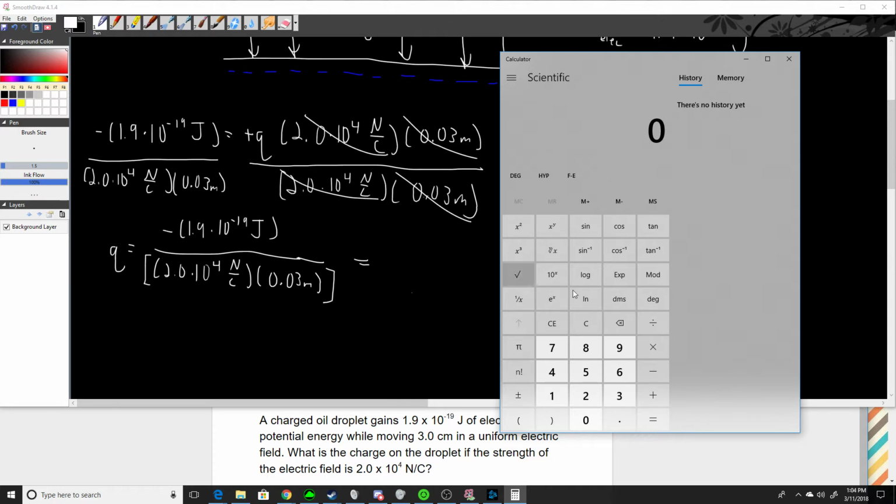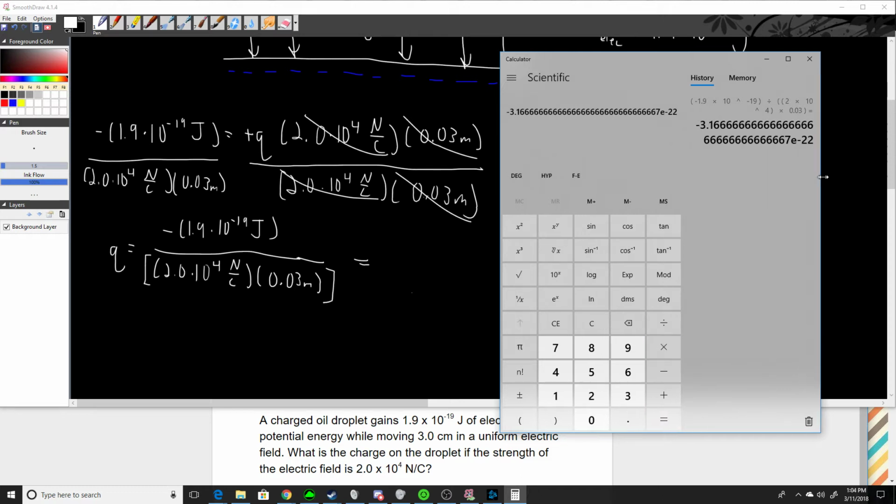This negative, I'm just going to distribute into there. So parentheses 1.9 negative times 10 raised to the 19th negative, close parentheses, divided by parentheses, 2.0 times 10 raised to the fourth, close parentheses, times 0.03, close parentheses, equals.